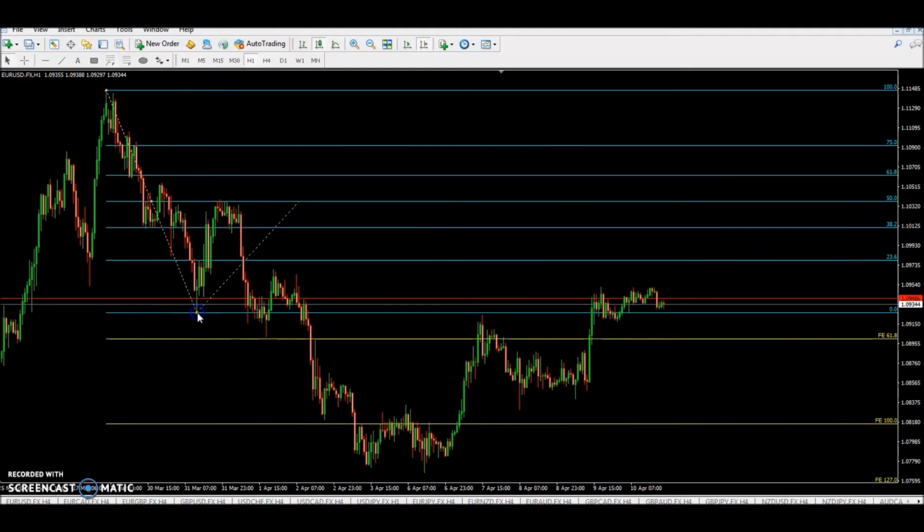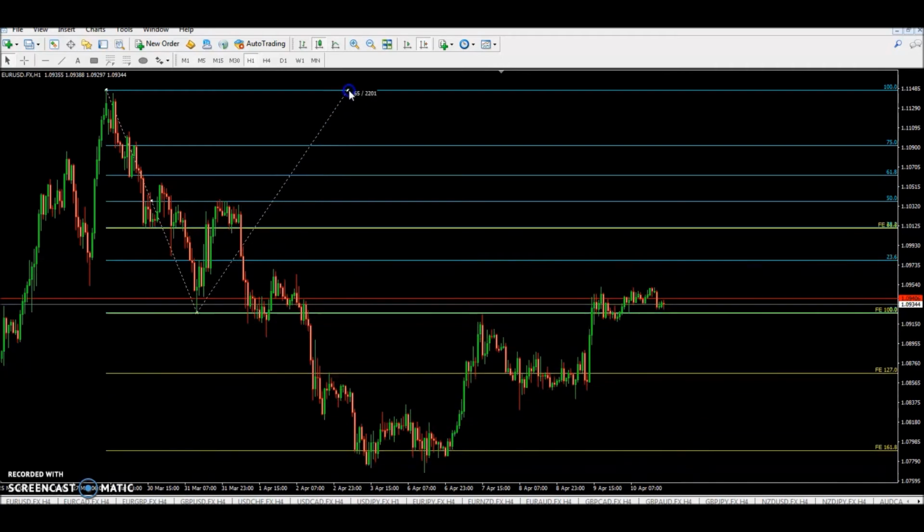Now this is the part where a lot of people don't know. They just leave it right where it's at. But no, you have to take this little part right here and move it back to the 100% zone, which is basically 100% of the initial move.